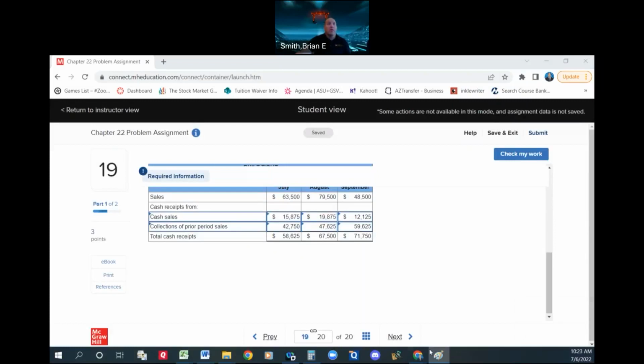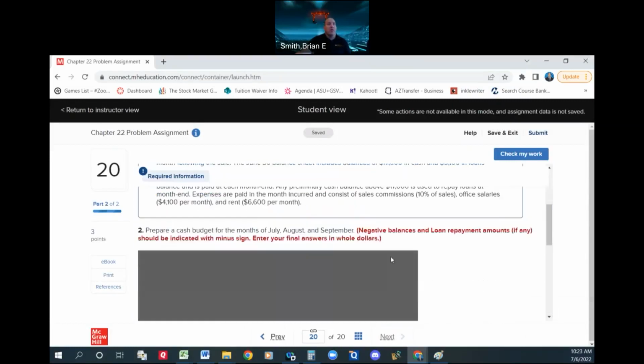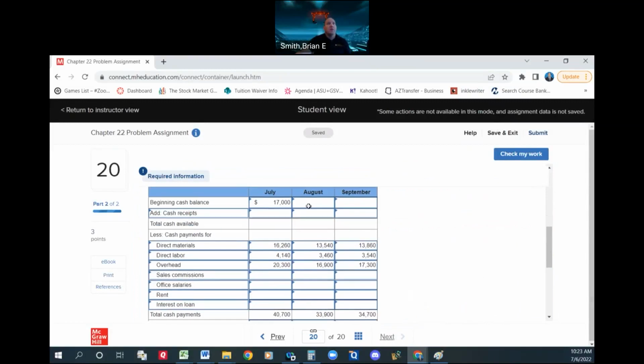And then go back. That way I don't have to come back here again. So from that, I pull cash receipts of 58,625, 67,500, and 71,750.